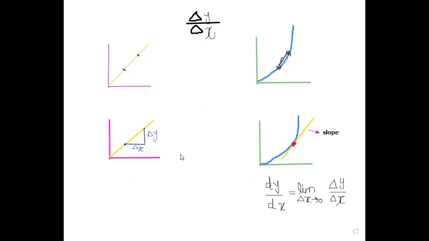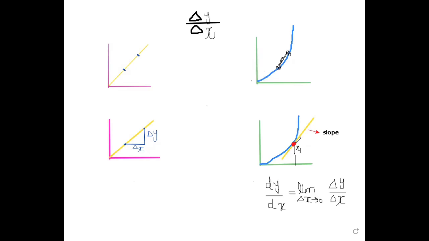When x is equal to that one, let's call it x1. Well, one way you could think about it is, what if we could draw a tangent line to this point, a line that just touches the graph right over here, and we calculate the slope of that line.